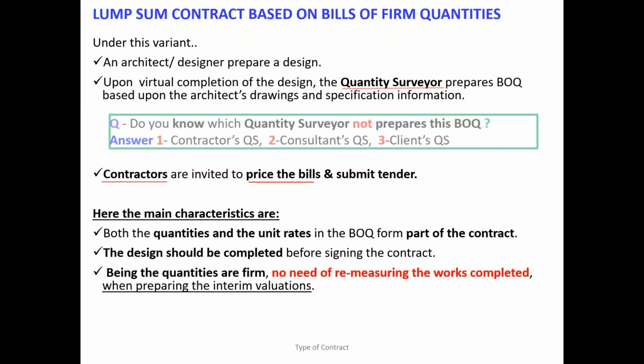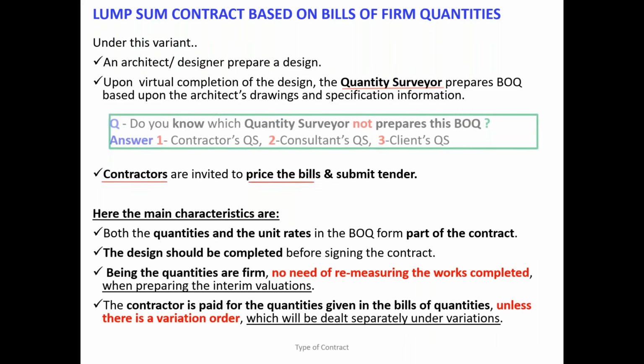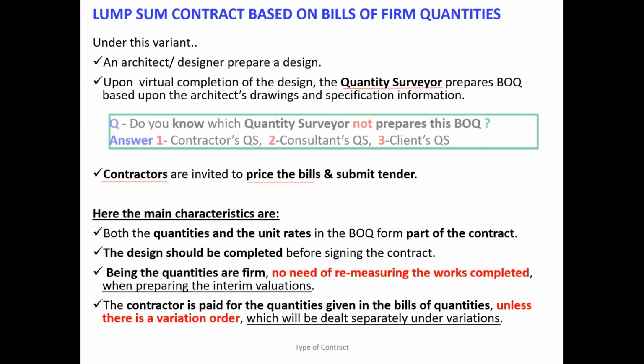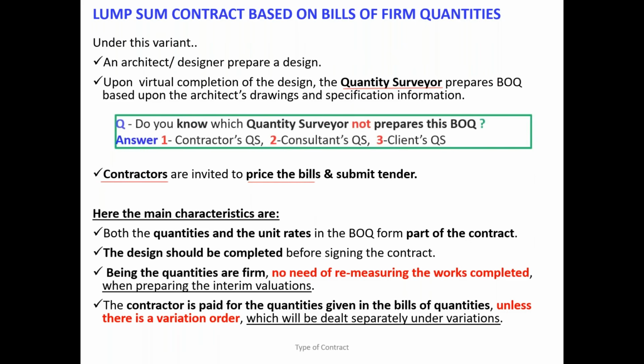So it is very simple. The contractor is paid for the quantities given in the bill of quantities. Unless there is a variation, then you have to agree the new price. So the variation only changes the contract price, not the original contract sum.